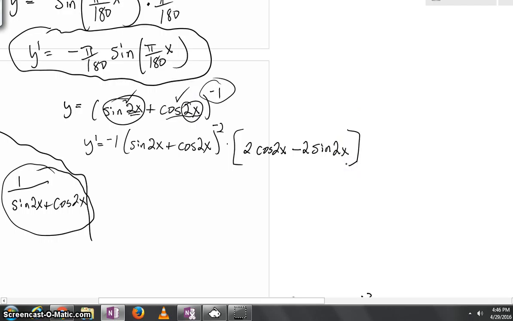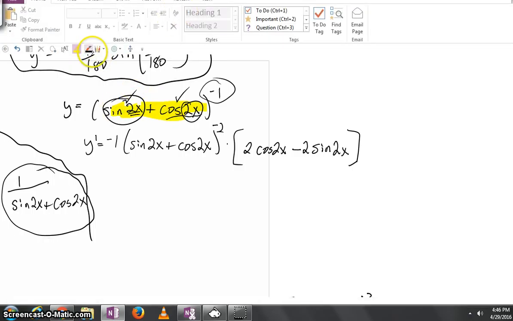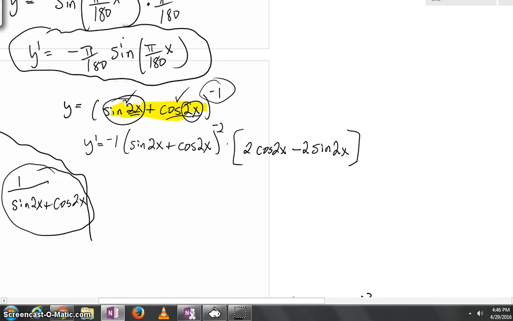And you can see where we are right now. Having to take that derivative of the inside, it was like a brand new problem. It's almost like that could have been our first example, just dealing with that inside portion, saying take that derivative. And maybe that's a helpful way to look at it.